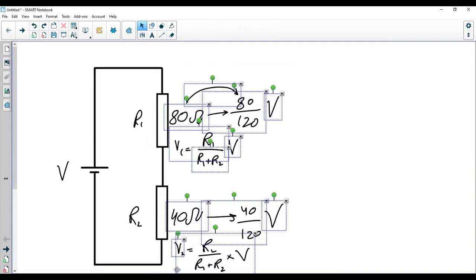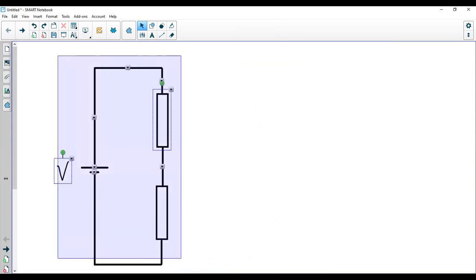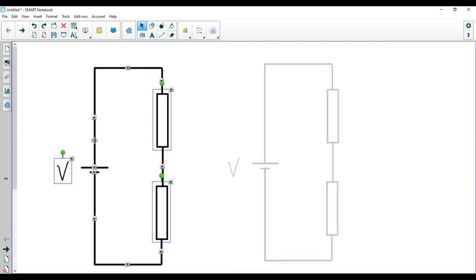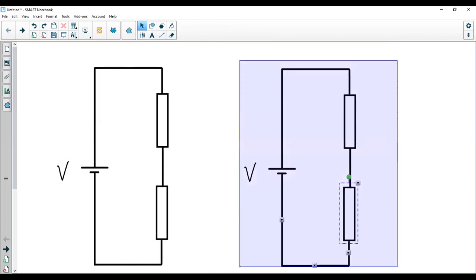Now this circuit is actually pretty similar if we connect it with another circuit. I just draw the circuit. Normally the wires which we use in circuits, ideally they have zero resistance.